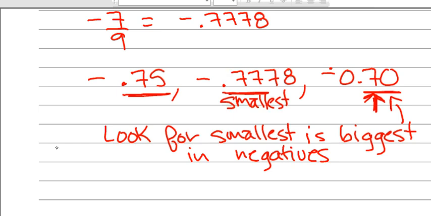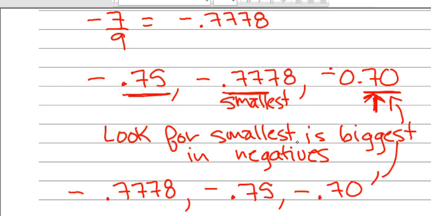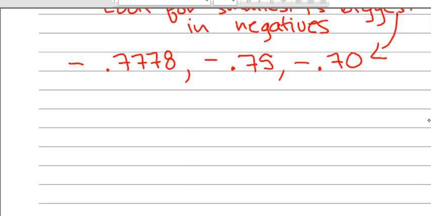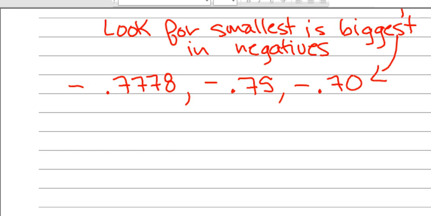So this is the smallest in negatives, followed by, and this is the largest because it's the smallest. It's closest to 0. Closest to 0.